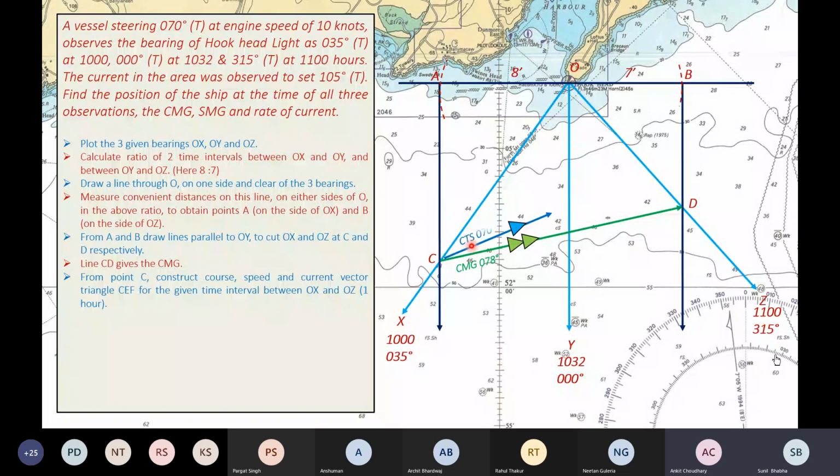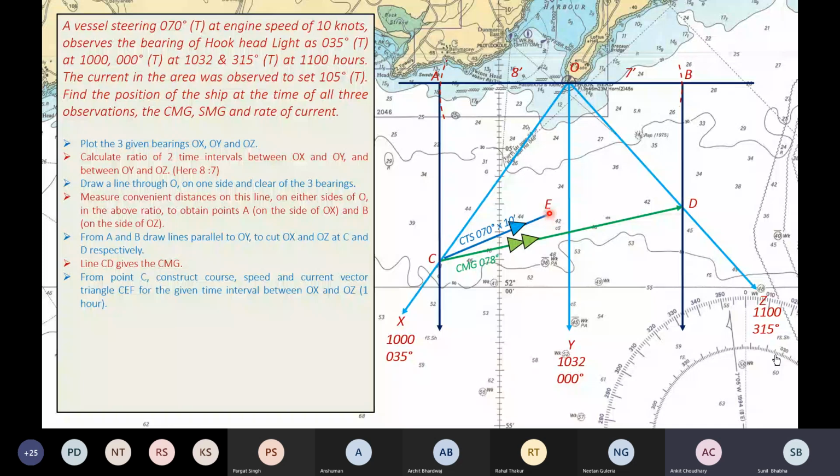So this particular vector represents my CTS, which is 070, and the engine distance for 1 hour, which is 10 nautical miles. Now this point where the vector ends, let's mark as E.